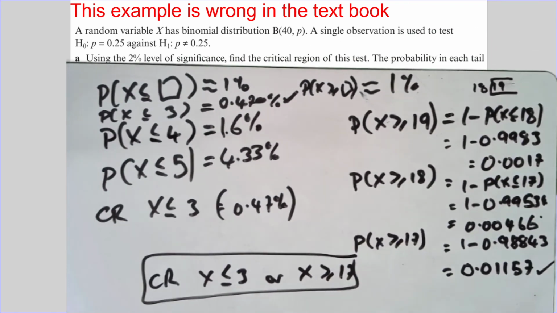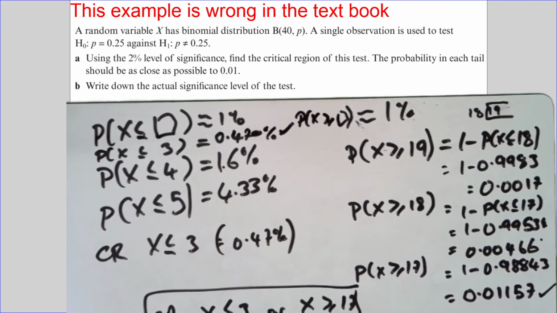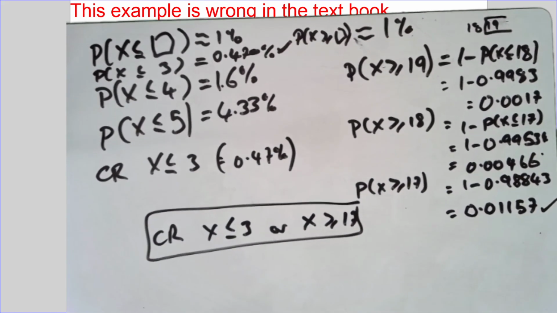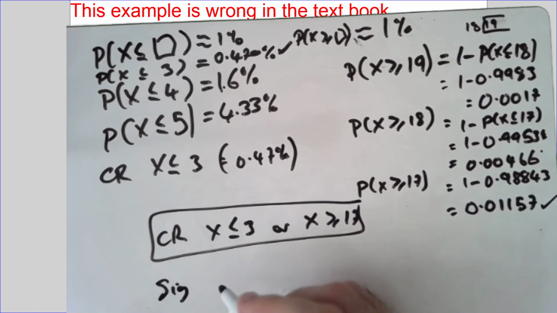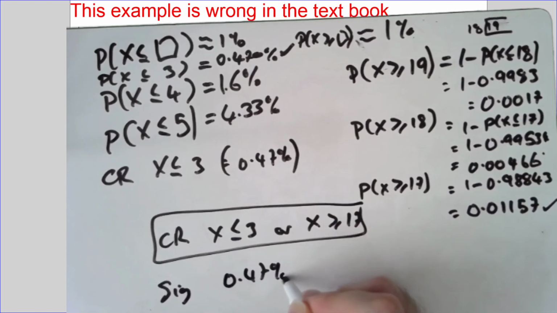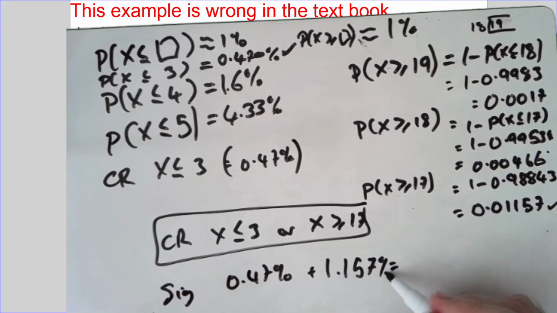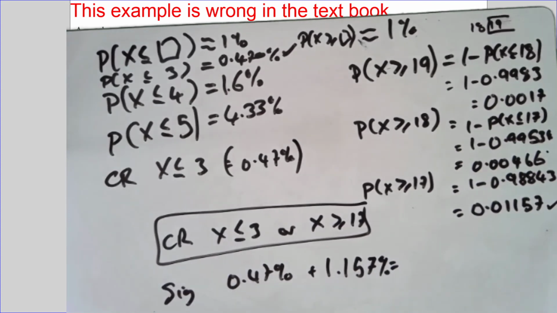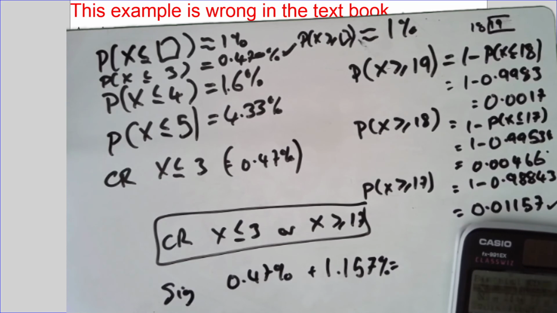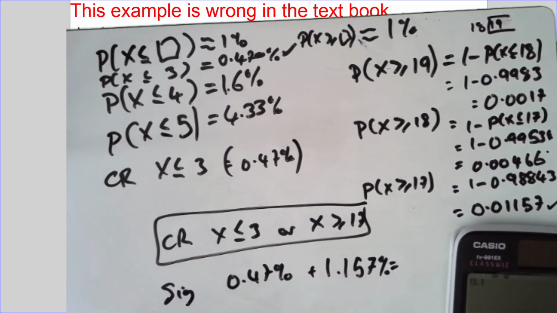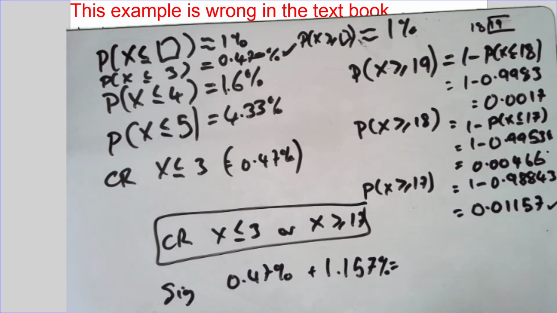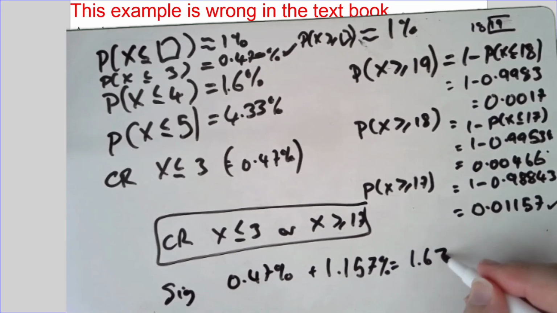Now I would suggest keeping these numbers, because part B is the actual significance of the test. For that, we're going to do the 0.47% from here, plus the 1.157% from there, which gives us, menu 1, 0.47 plus 1.157, an actual significance of 1.63%.